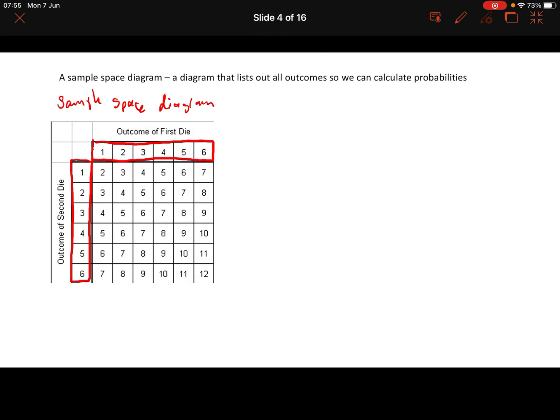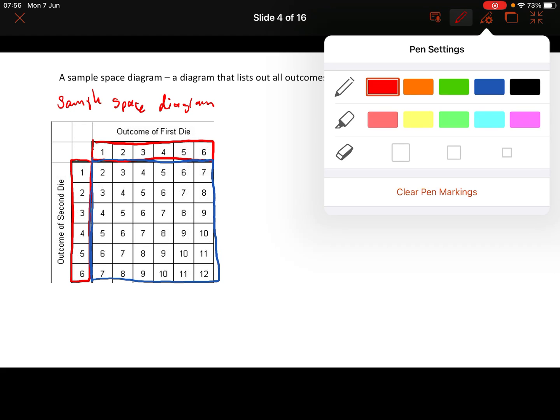So in this blue box here, just to make it abundantly clear, these are the outcomes that I can get. Remember, what I was asked to do is add the scores up. So I can now clearly see that there are 36 possible outcomes. So the denominator of my fractions is always going to be 36. So what were the actual questions? What's the probability I score 5?